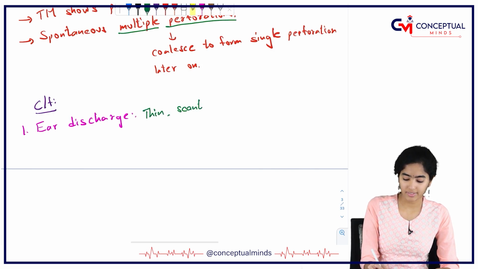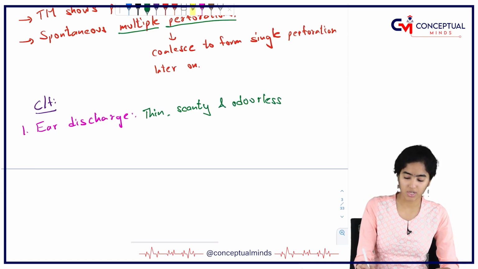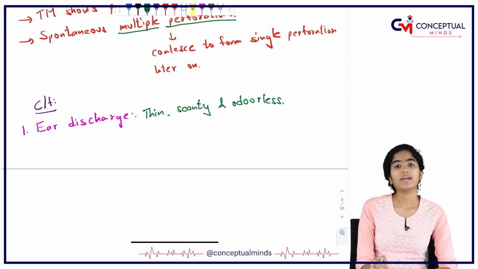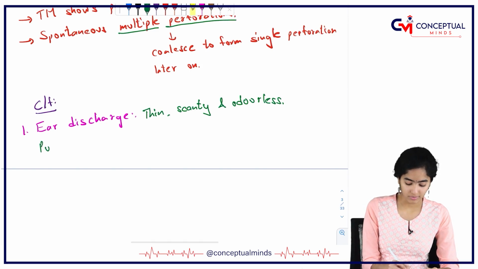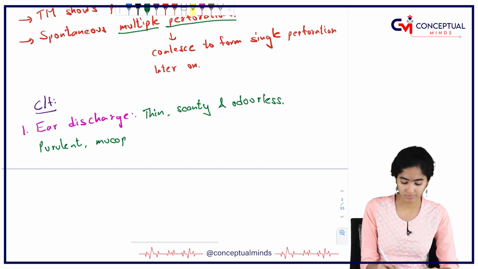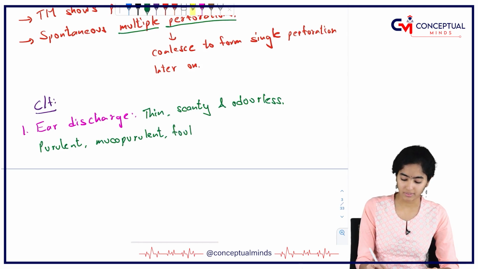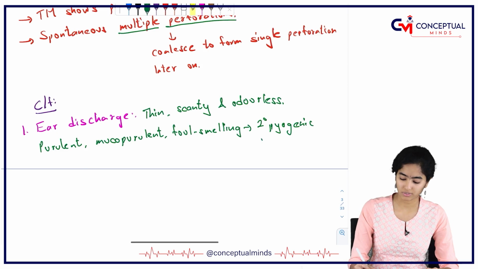But if there is a secondary pyogenic infection, then it changes to purulent or mucopurulent and foul smelling.